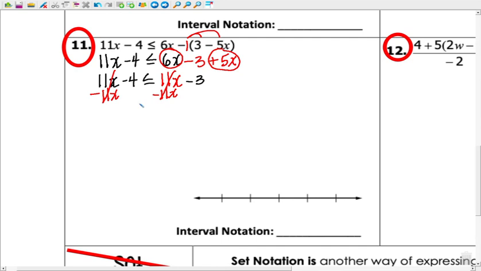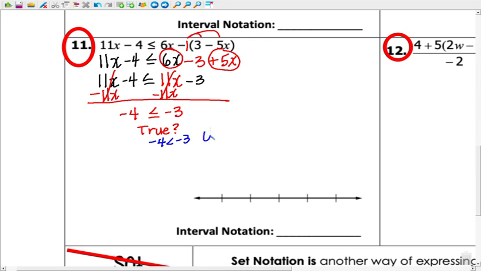They cancel. When your variables cancel, you bring down what's left, and then you ask yourself, is this a true statement or not? Is -4 less than or equal to -3? Well, yes, -4 is less than -3.